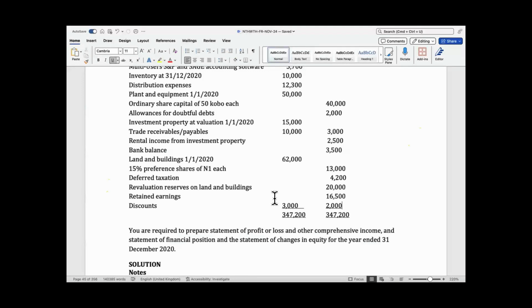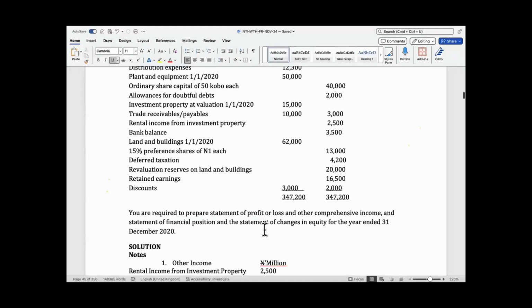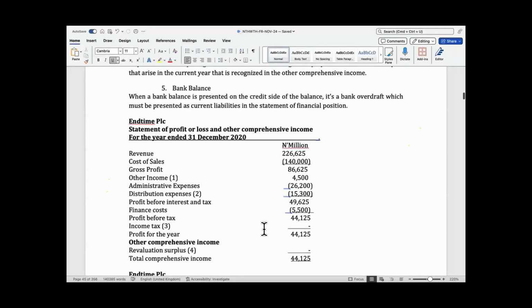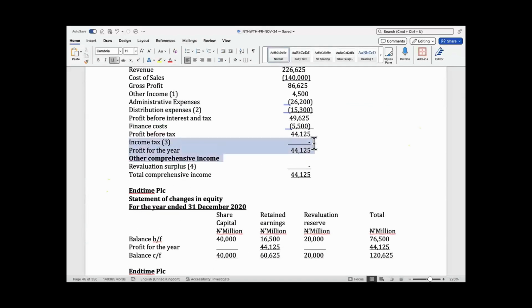Olakunle said yes, it should go to P&L. You are correct. If it's on the debits, you would deduct it. If it's on the credit, it will be an addition to my profit, depending on how it is. But in this case, my income tax is going to be 0. Then I get my profit for the year.